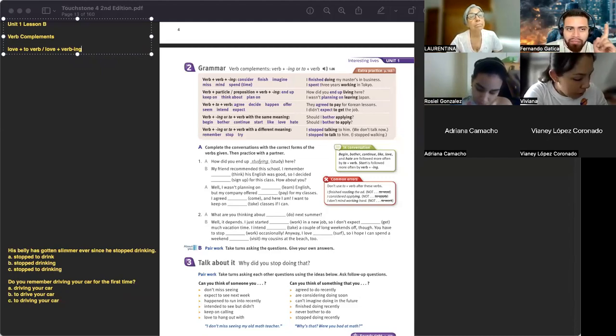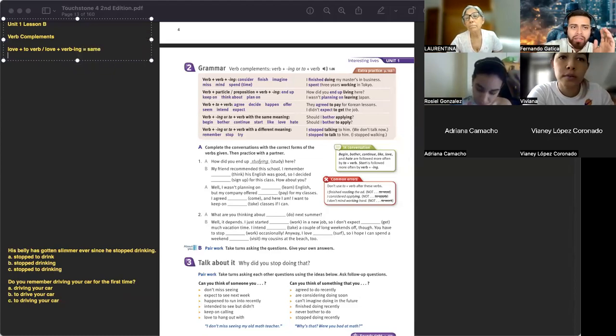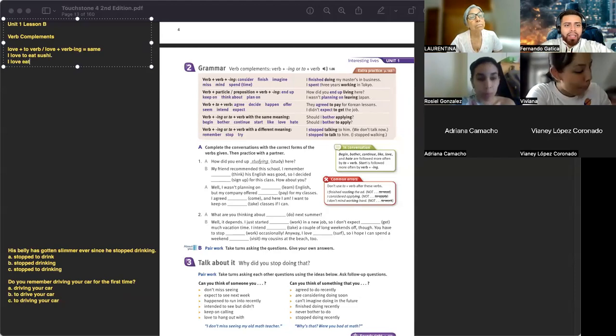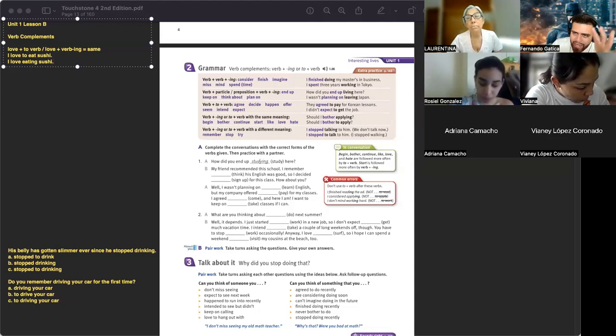But in this case with love plus an infinitive, love and a gerund, this is the same thing. No difference. So if I want to say me encanta comer sushi, I love to eat sushi or I love eating sushi, and they mean the same thing. Me encanta bailar, I love to dance, or I love dancing. It's the same thing.